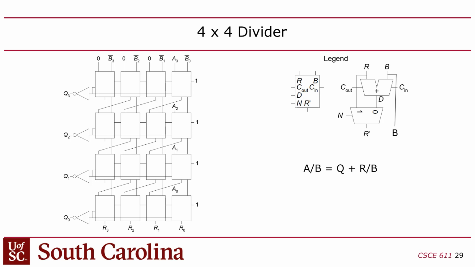Now what this circuit does is it says, there's a mux here. And the mux basically says after you subtract, if the result is negative, then you restore, meaning you switch this mux to 1, which feeds the original R through. So the R, which stands for remainder, which is actually the result of the subtract, this difference, that's flowing down.